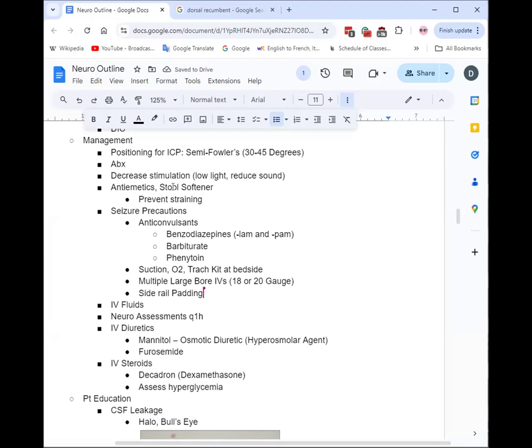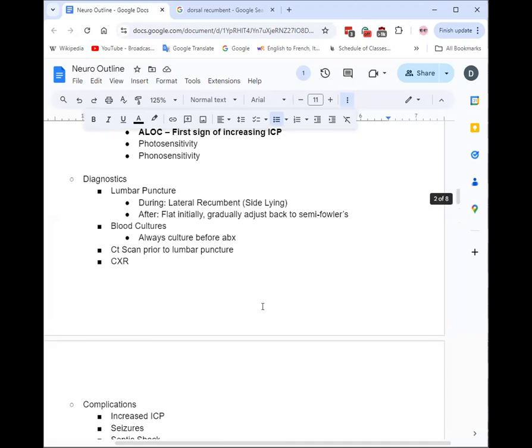Maybe even managing pain if they're in pain. Pain can also cause more intracranial pressure. Remember, when you're in pain, you're anxious, you're straining, your vital signs go up. A patient in pain can have tachycardia and be a little bit hypertensive. So just things to keep in mind.